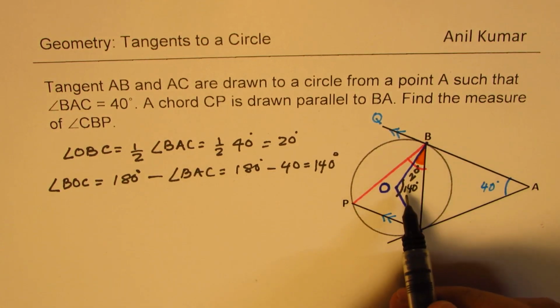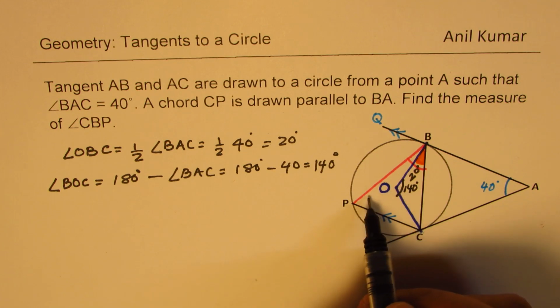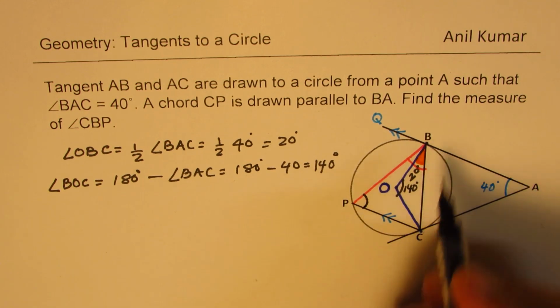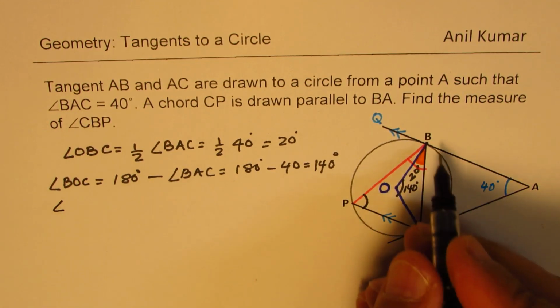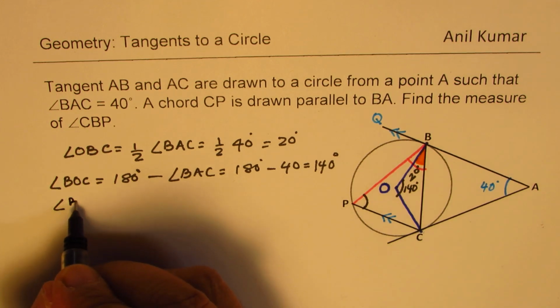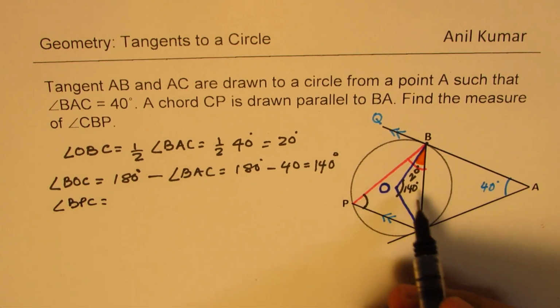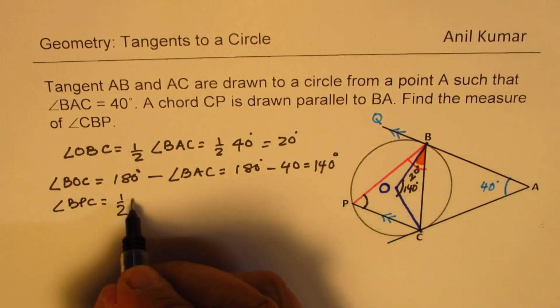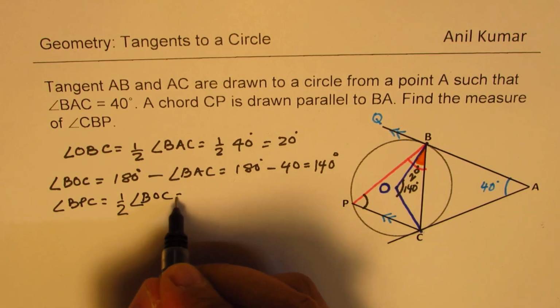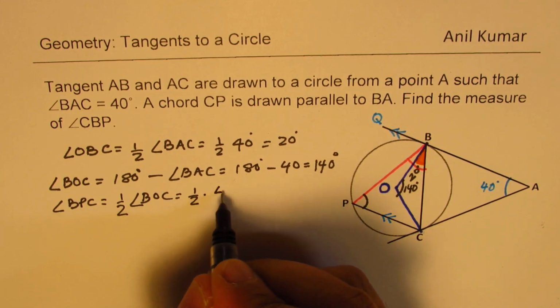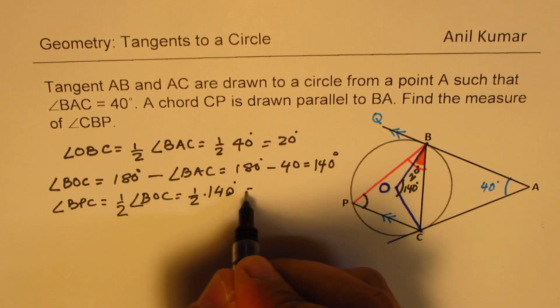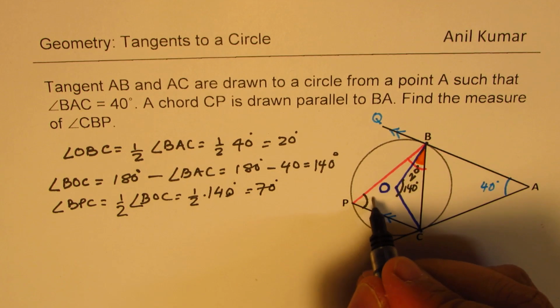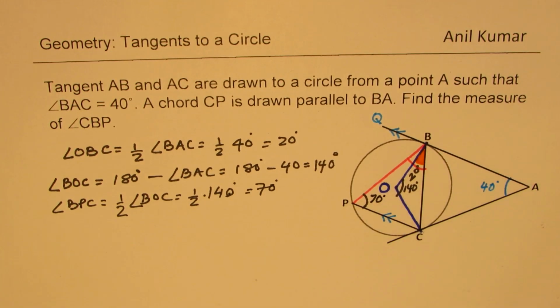Third thing, at the center, so what will be this angle? The angle BPC is half of the angle at the center, angle BOC, which is half of 140 degrees, which is 70 degrees. Is that clear? So this angle is 70 degrees.